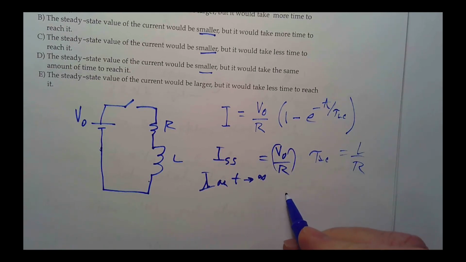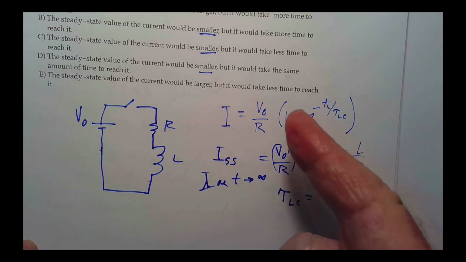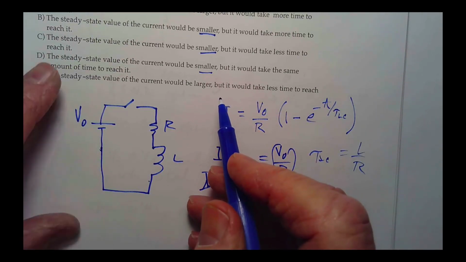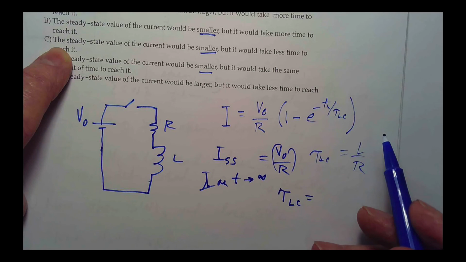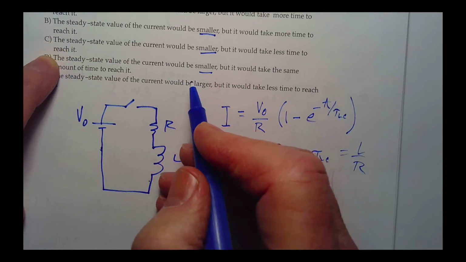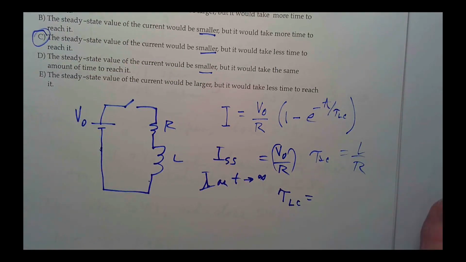What about the time dependence? The time constant L over R for a higher resistance gets shorter, so it takes less time to get there. So the answer is that it would take less time to get there. So the answer is number C.